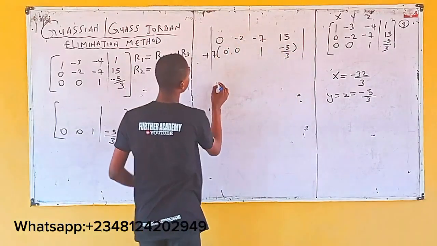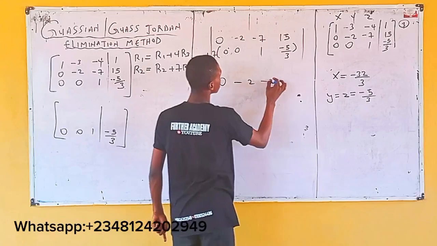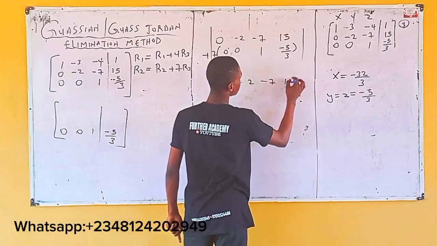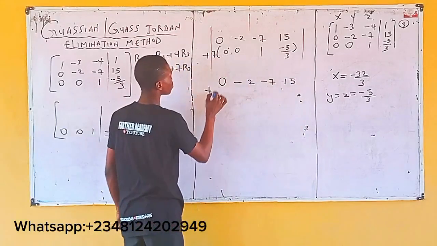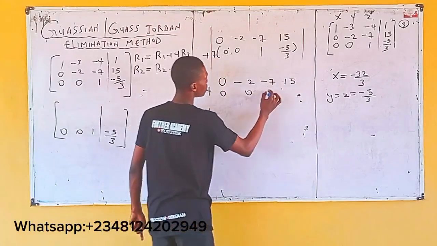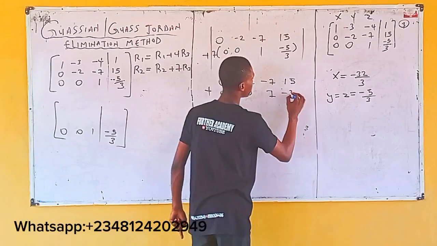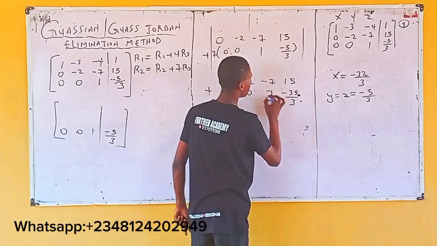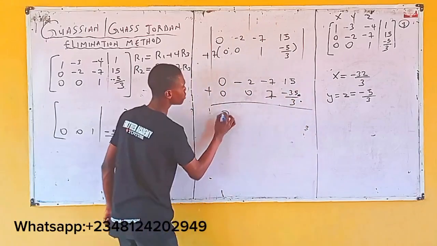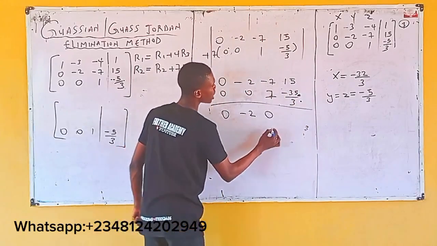Now let's solve. This is 0, negative 2, negative 7, and 15. Open up your bracket. What do you have? 0, 0, 7, and this time, negative 35 over 3. Now let's add. What do you have? 0, negative 2, 0.